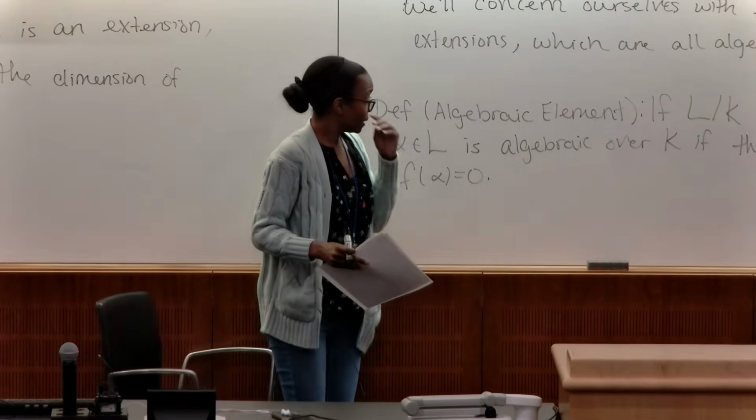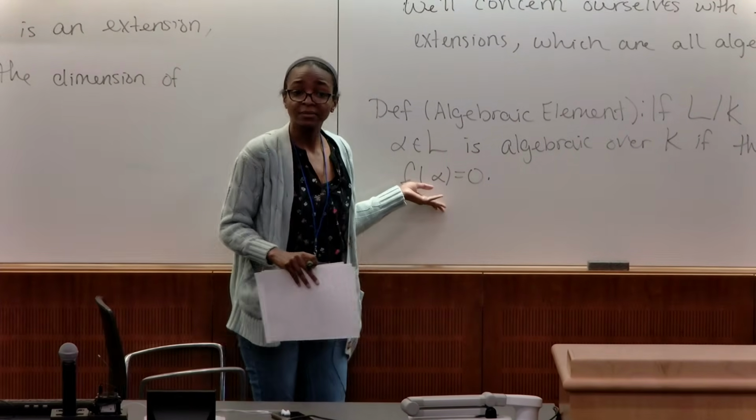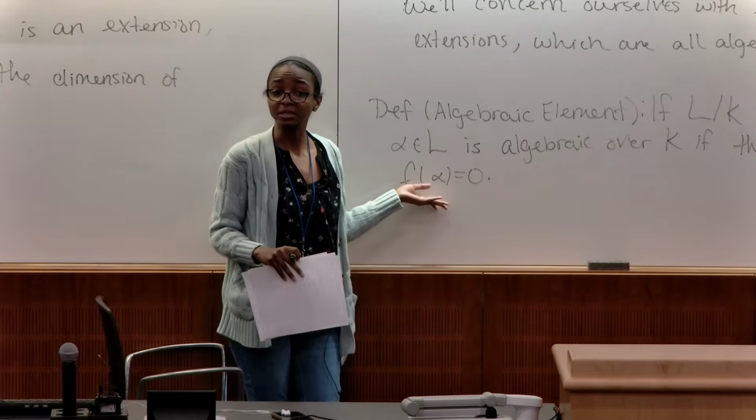And if such a polynomial exists, then there is a polynomial that has the smallest possible degree.